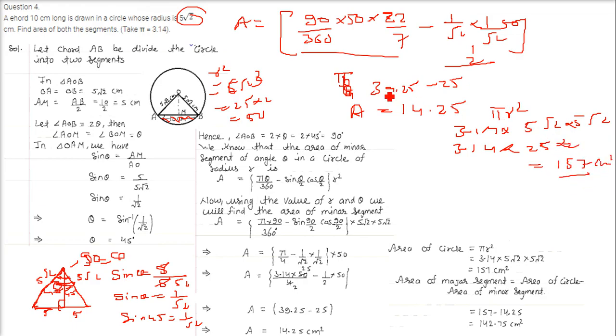So you get 157 centimeters square. This is the area of the whole circle and this is the area of the minor segment. So in order to find out the area of the major segment, you just subtract these. So 157 minus 14.25 is going to come as 142.75 centimeters square, and this is the area of the major segment, this one.